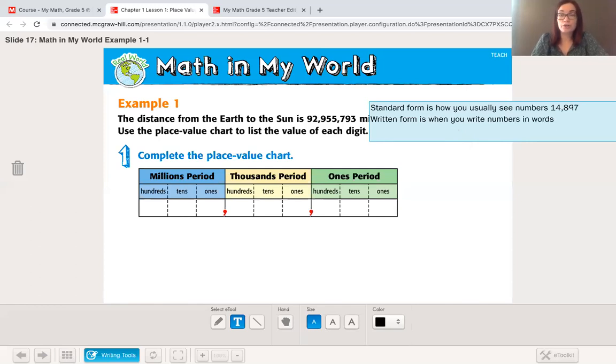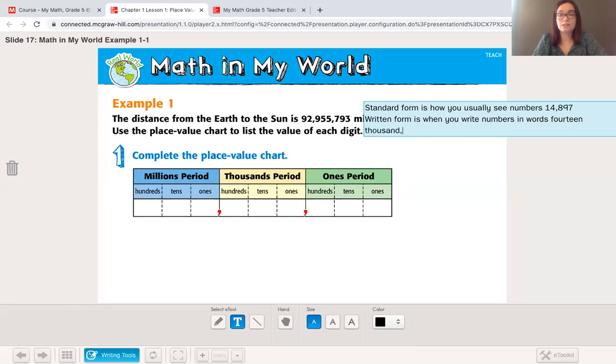So I'm going to show you with that same number, 14,897, how I would write that in written form. Fourteen thousand, eight hundred ninety-seven. That is written form. I would say those are the two forms that students are usually most comfortable with. Standard form is just how we normally see numbers. Written form, what it means is pretty much in the word, right? You write down the word for that number.